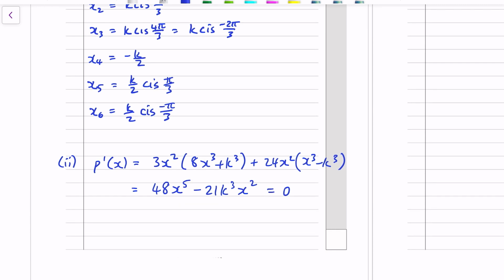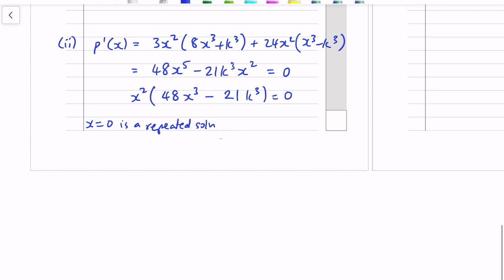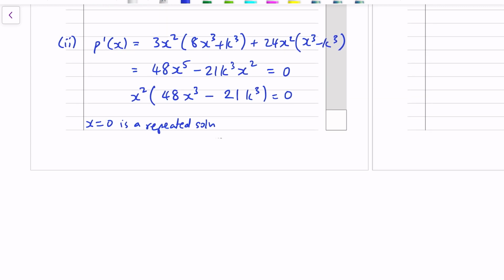Solving a power of 5 equation is not bad if all the terms cancel, so we're factoring the x squared out of that. 48x cubed minus 21k cubed. So x equals 0 is a repeated solution. And then the other three come from solving 48x cubed equals 21k cubed.